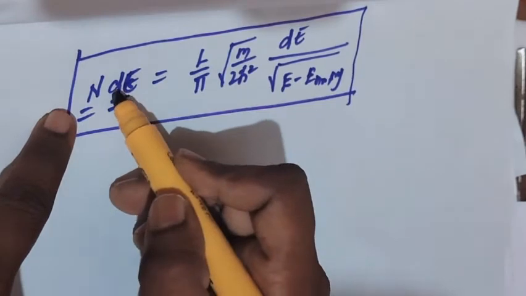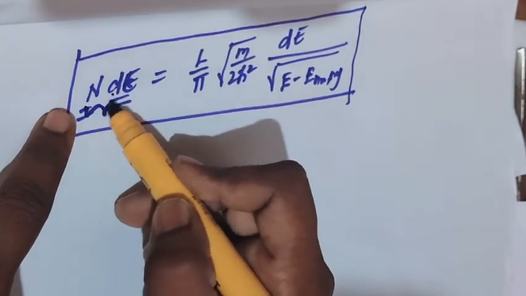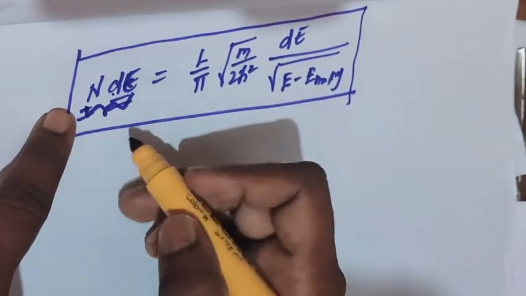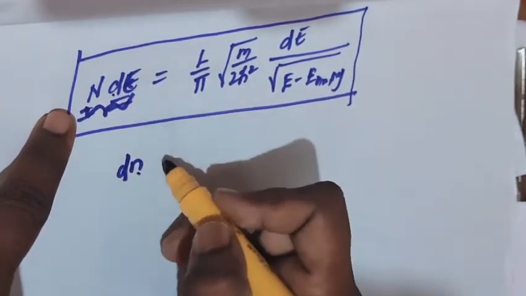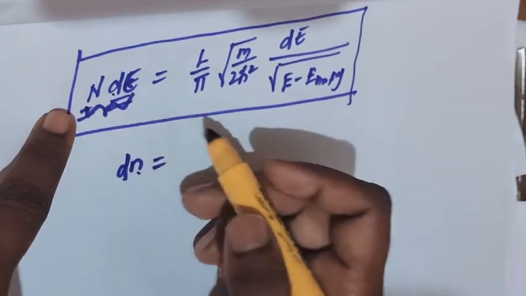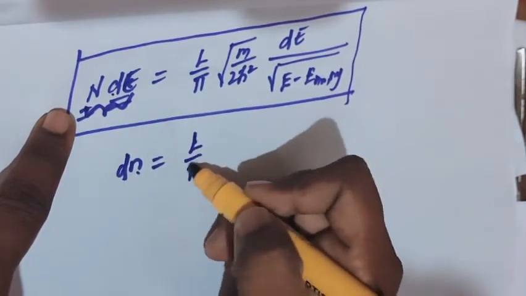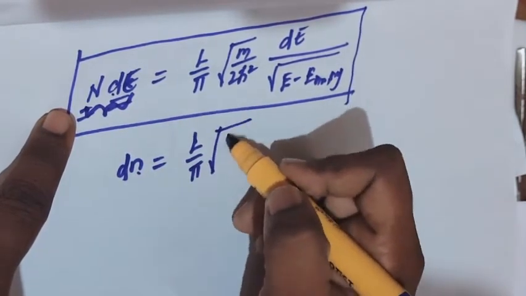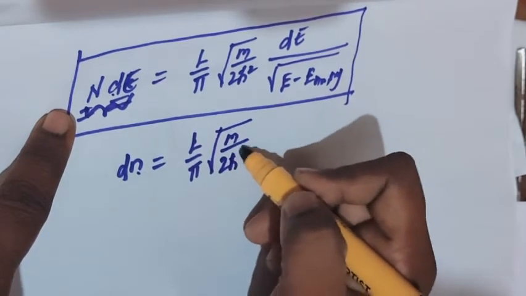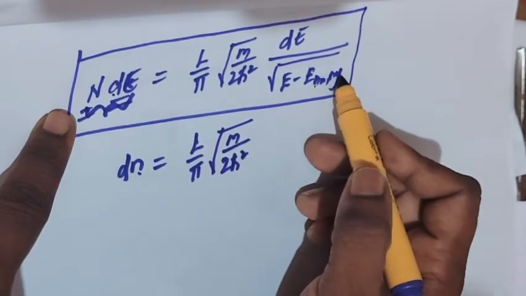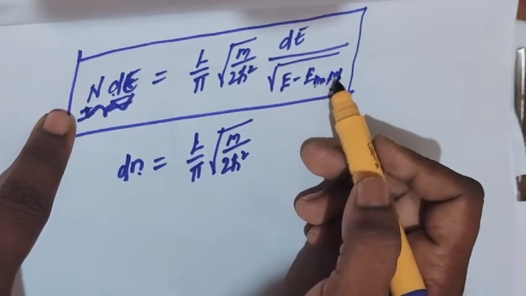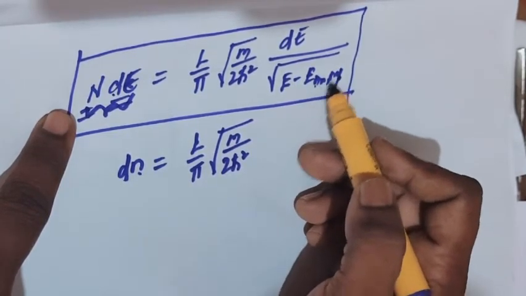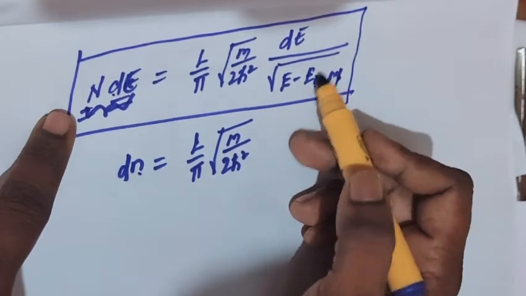Suppose within this energy interval dE, the number of electrons is dN. So this should be equal to L by 2π, square root of m by 2ħ². Here nx and ny are discrete energy levels, so you need to put nx and ny as 1,1 or 1,2. 1,1 means ground state, and for 1,2 you can choose any number.